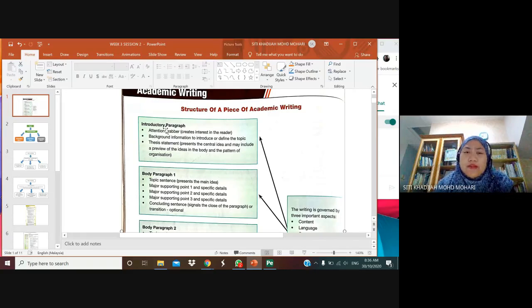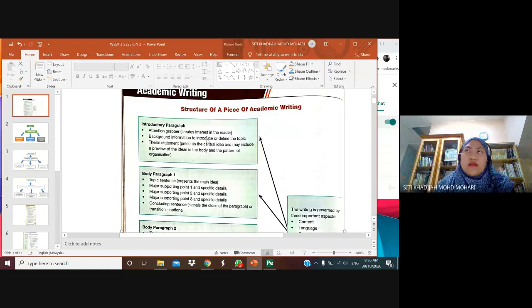This way, whenever your readers read the introductory paragraph, they will immediately know what the contents of the essay are for the body paragraphs. So that is the purpose of your thesis statement.